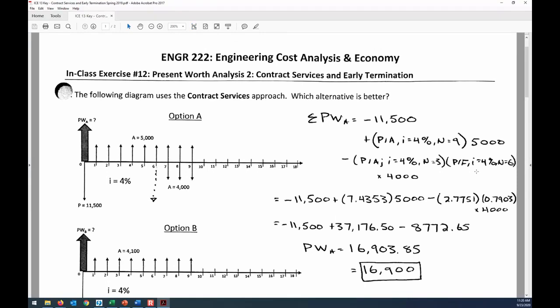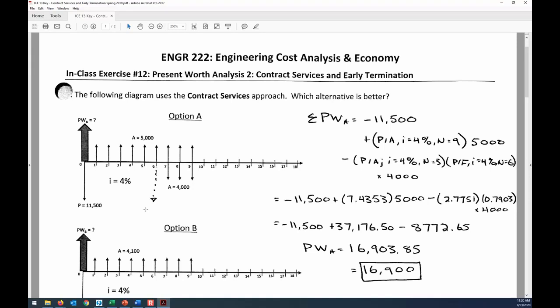So option A is the tricky one, right? What you can see is that I've put in this hand-drawn arrow, and what that represents is I took the annual series in year 7, 8, and 9, and I can't just do a P/A and take it all the way to year 0, because the standard form of a present value coming from an annual series is that that single amount is going to be 1 year before the annual series begins.